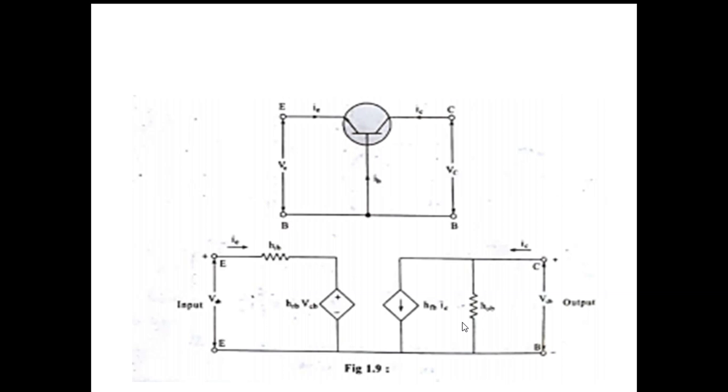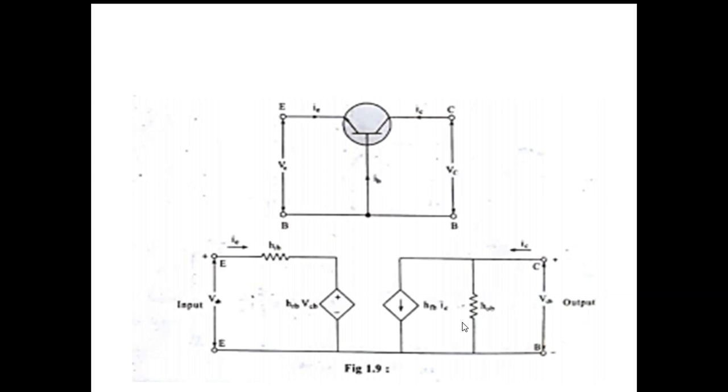The input voltage VE is equal to the sum of two voltages: HIB, the input impedance, times the input current IE, plus HRB VCB, where HRB is the reverse voltage gain with output voltage VCB. This is a dependent voltage source.